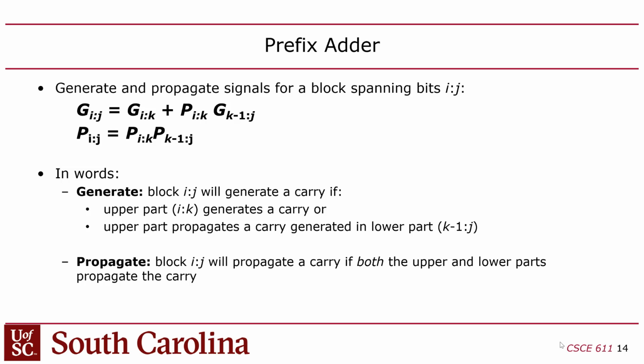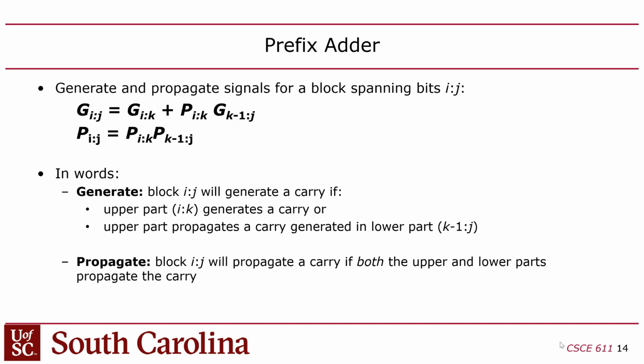So if you're calculating generate from i to j, you look at the generate from i to k, which is the left half of the range. If that generate is 1, I don't care about the right half, right? Who cares?